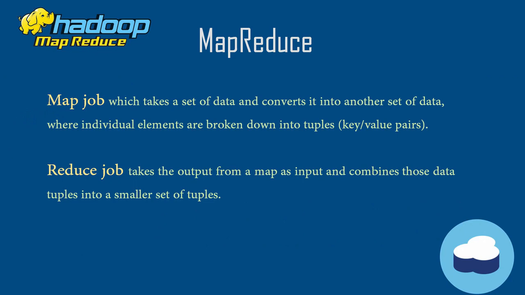The map job works under the map phase, which takes a set of data and converts it into another set of data, where individual elements are broken down into tuples or key value pairs. The reduce job, which takes place under the reduce phase, takes the output from a map as input and combines those data into a smaller set of tuples.